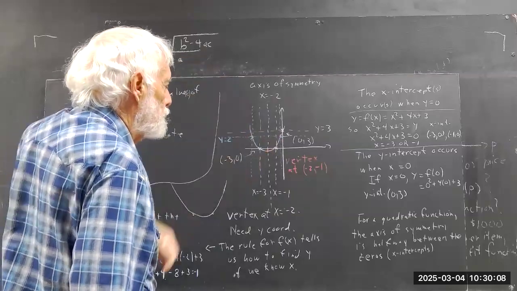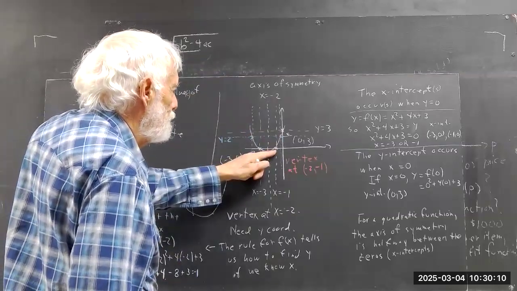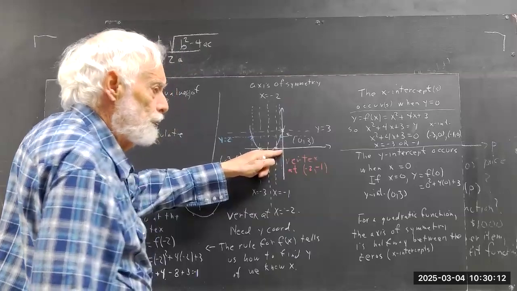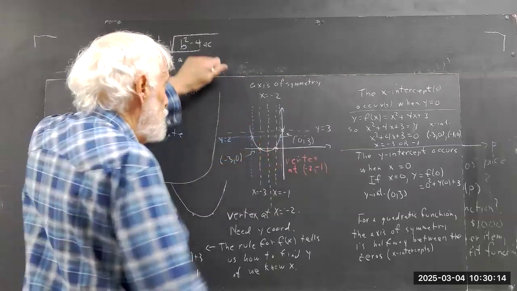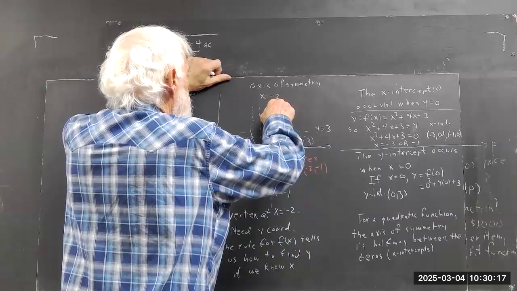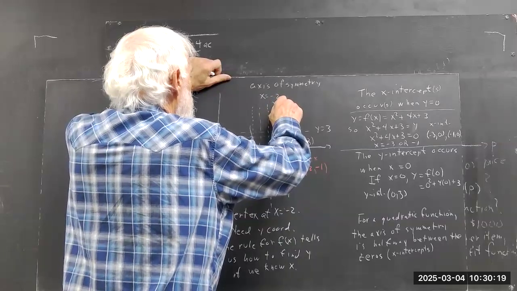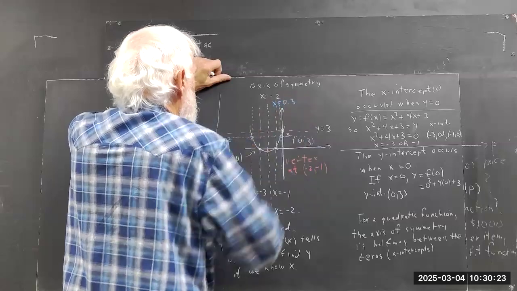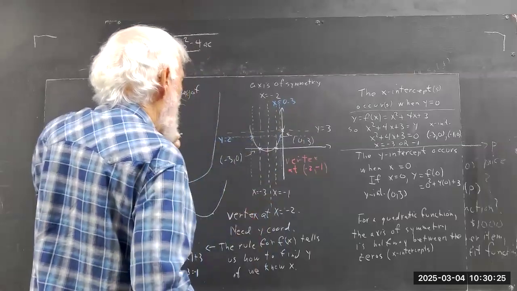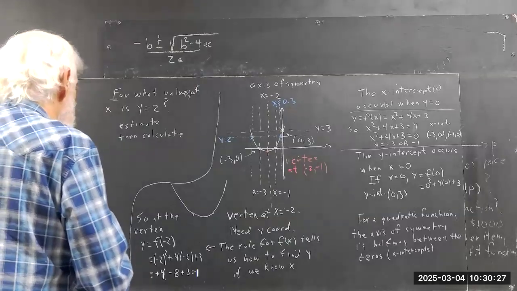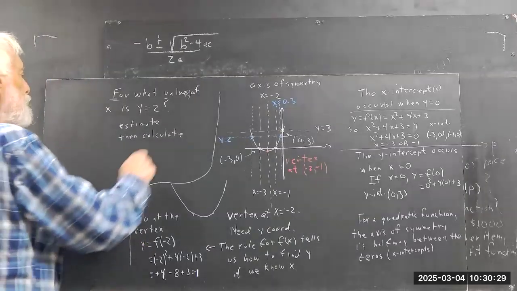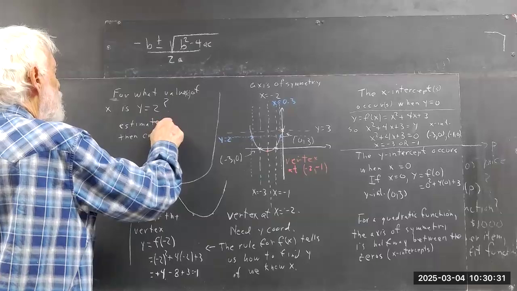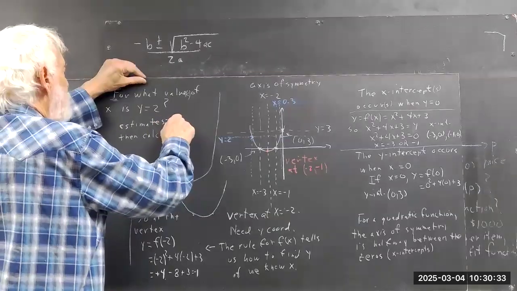Now, I think this one, if this is 1, that looks like it's about 0.3. So I'm going to say, okay, this line is x approximately 0.3. So now we get 2 estimates.